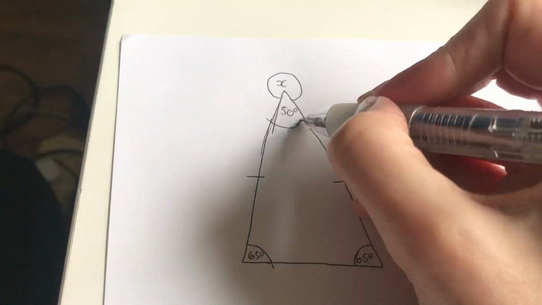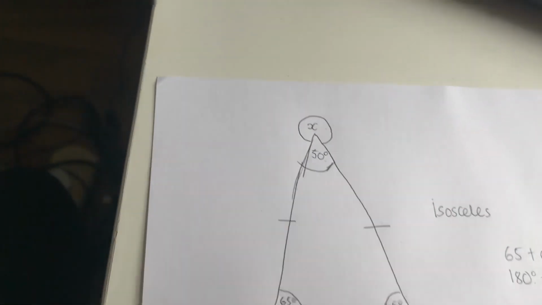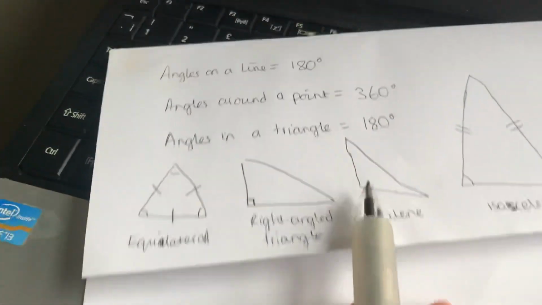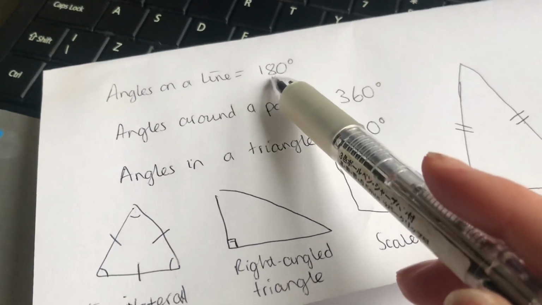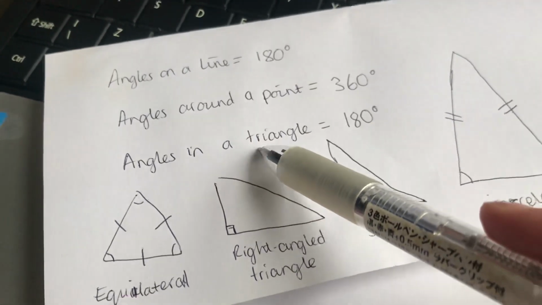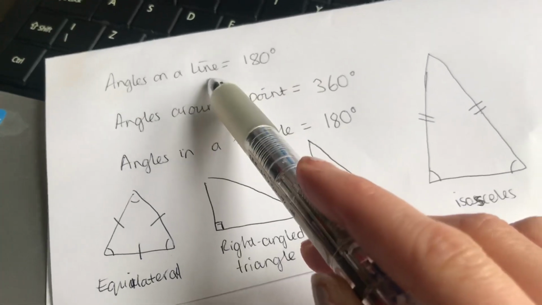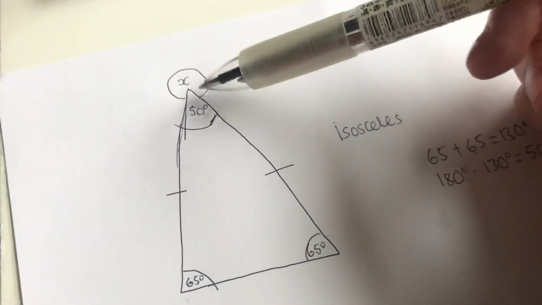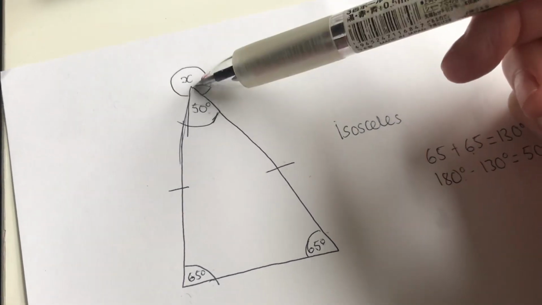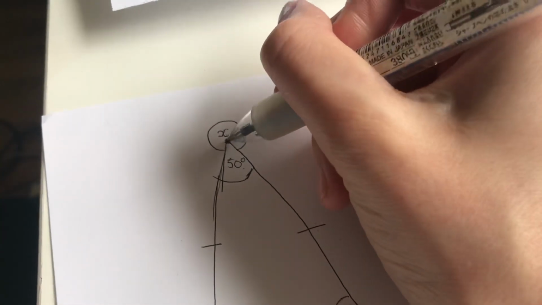So now we've got an angle here that might help us work out what angle X is. Now again, if we go back to these up here, which one's going to help us? Is it going to be angles on a line, angles around a point, or angles in a triangle? Well, we've used that fact. So is it around a point or is it an angle on a line? Well, I've not got a line going straight through, so it's got to be angles around a point. So I can see here, there's my point.